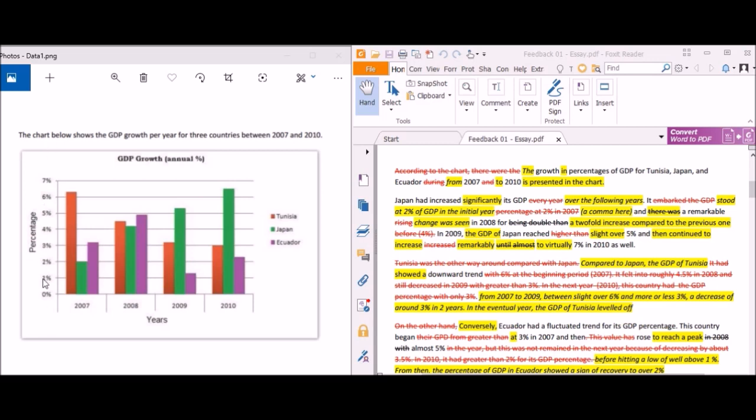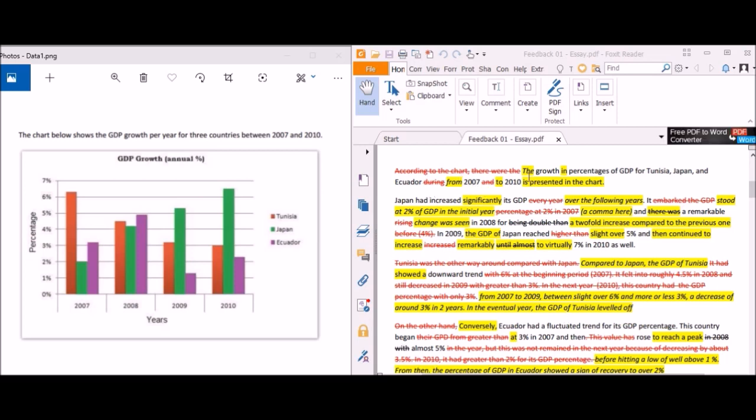You can see this is the percentage and this is the year. So we can see that in 2007 the highest percentage was owned by Tunisia, with the red color. First you need to understand the chart.